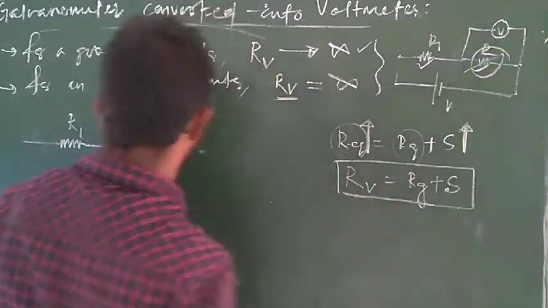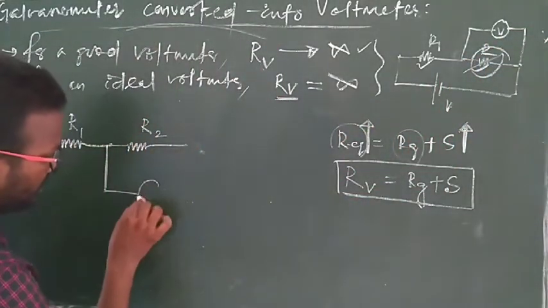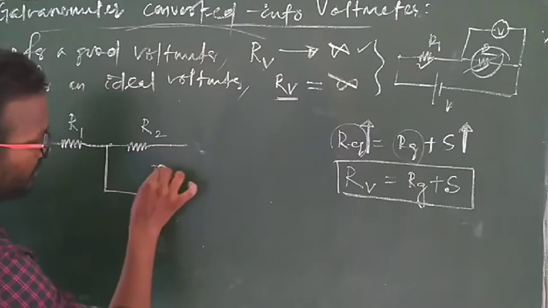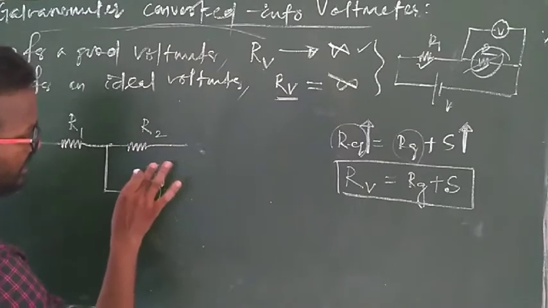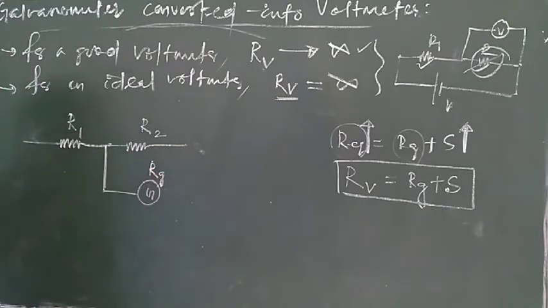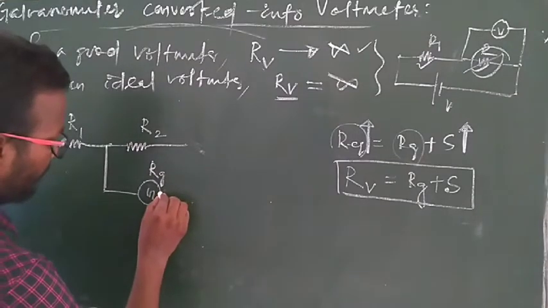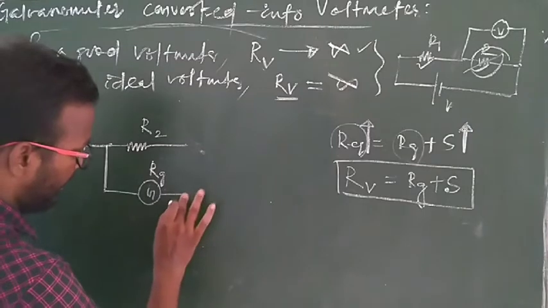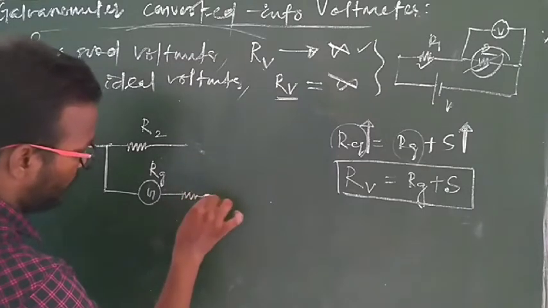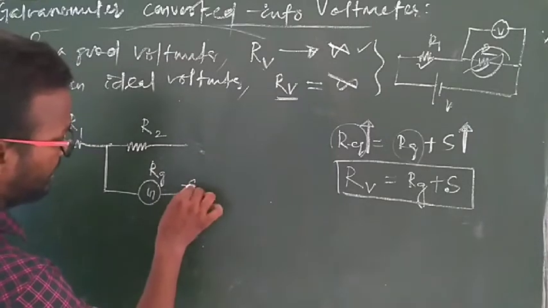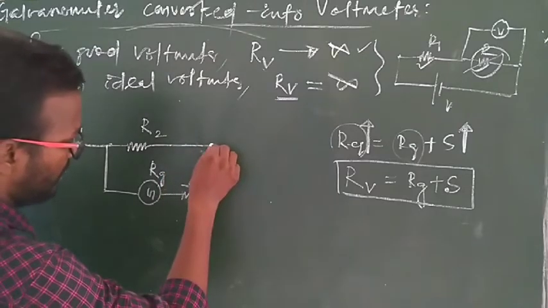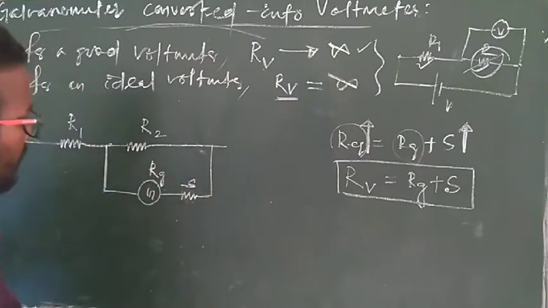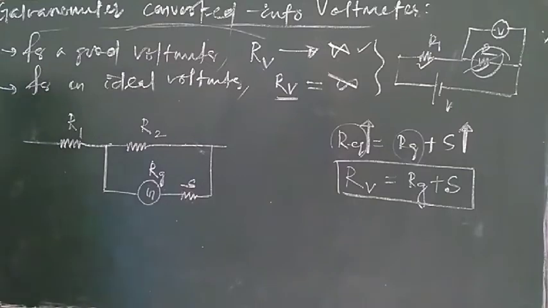this is the voltmeter. So the conversion of a voltmeter: a galvanometer with resistance Rg, connected with a shunt resistance, a very high resistance, in series connection with the galvanometer.